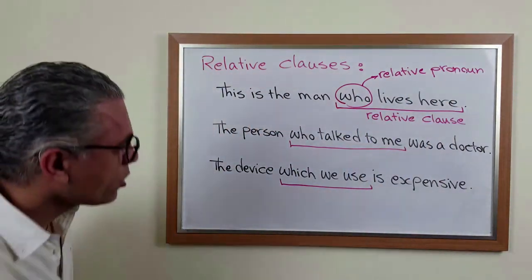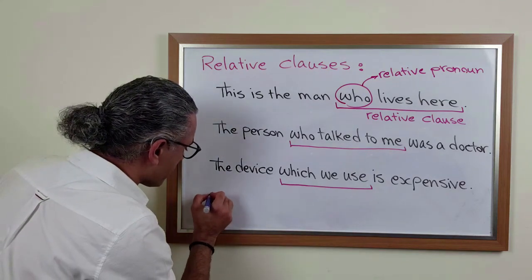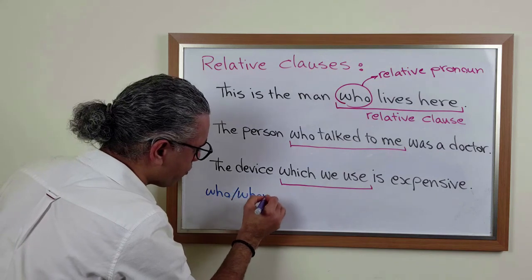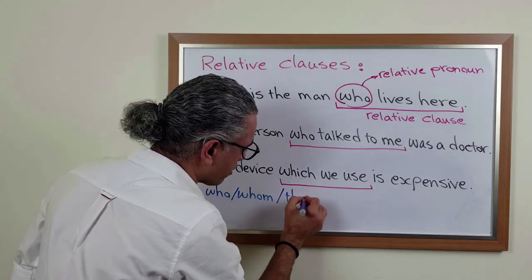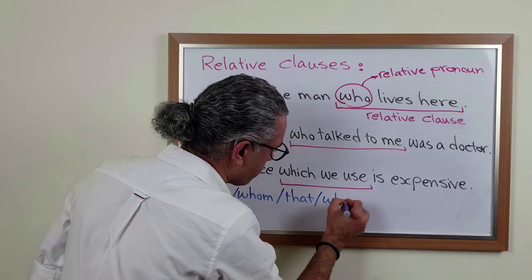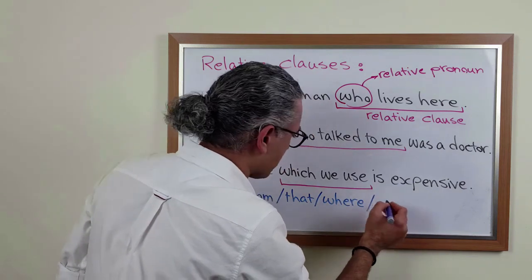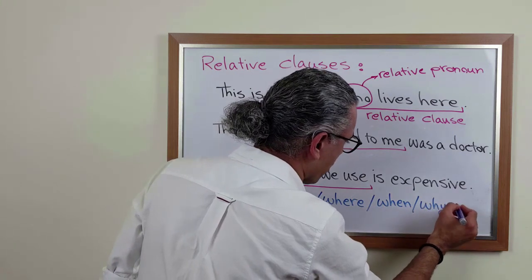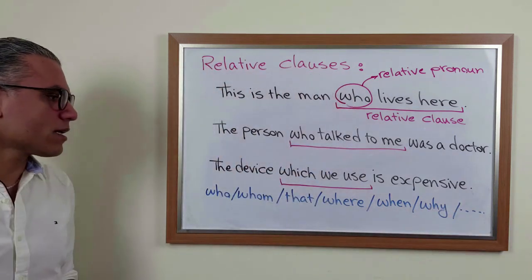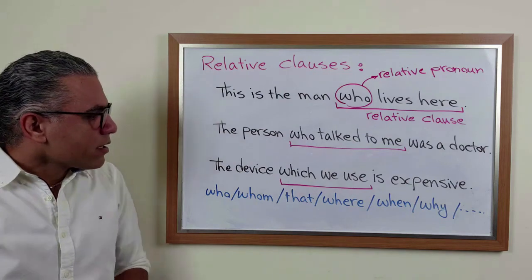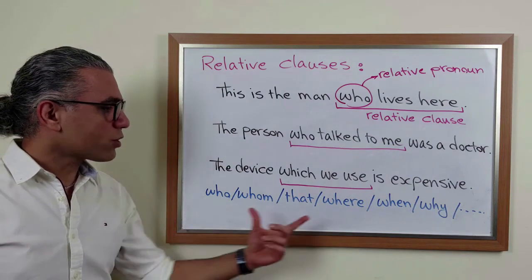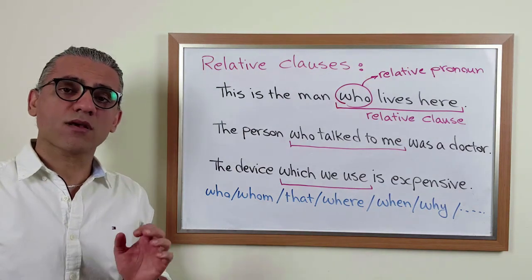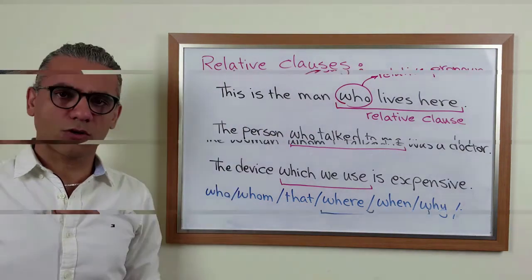For example, as we can see here: who, whom, that, where, when, why, and some more of them. So these are what we call relative pronouns, and we are going to talk about some of them today and some rules about relative clauses.